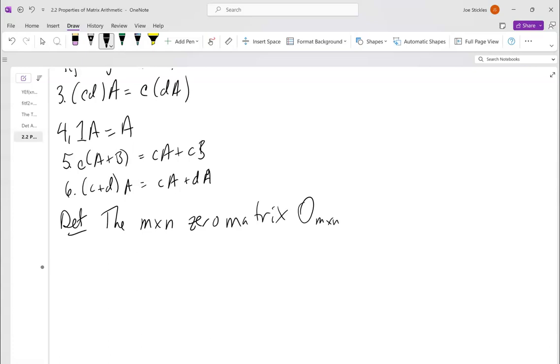If we needed to make sure that we know what the dimensions are, we'll put a subscript m by n there. But if it's obvious from context, we won't write this part. We'll just write an O for the zero matrix. Okay. So the zero matrix is just the m by n matrix in which every entry is 0.